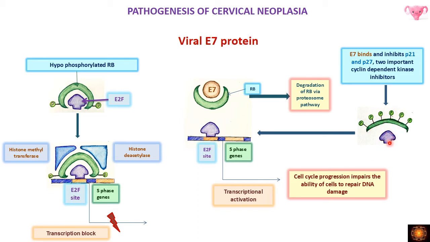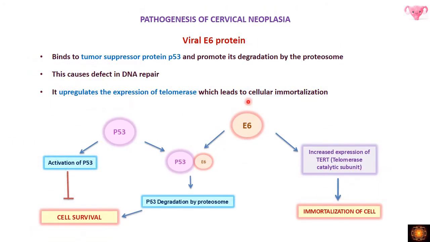So this E2F, when it is released, it combines with the E2F site and causes the transcription of the S-phase genes, which are responsible for the production of the proteins which push the cell into the cell cycle, so cells start proliferating. This is how E7 protein functions. When we see the E6 protein, it combines with the P53.